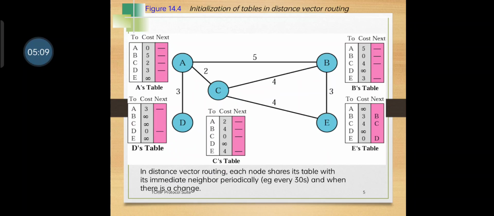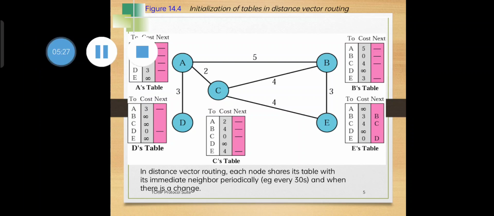This could be your initial table. As you can see, A couldn't reach E, because even though there is a way, if it is a new neighbor it is very difficult.